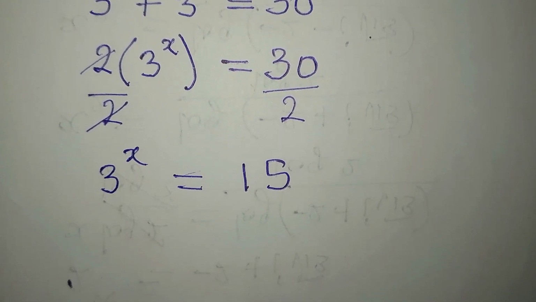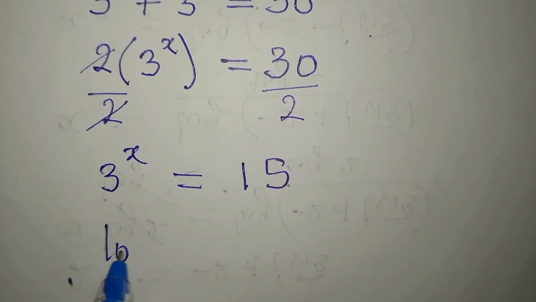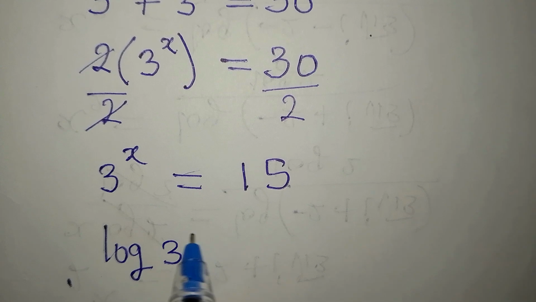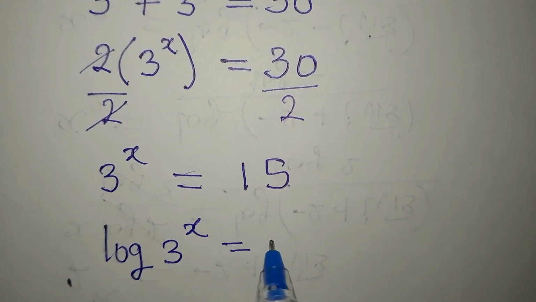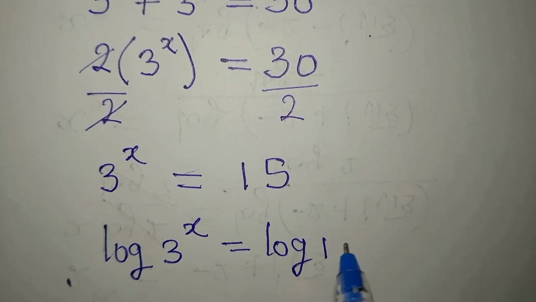Now we want to express 15 in this form, but it's not possible. So what you will do is to take the log of both sides, as we have log of 3 to the power of x equals log of 15.